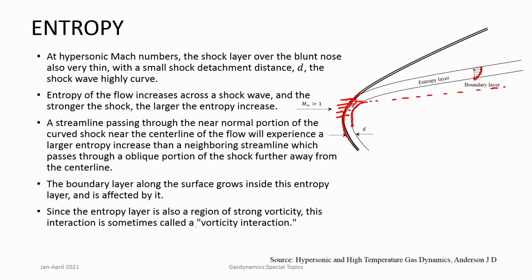But if you consider such blunt bodies, then you have a layer which comes from the curved shock, where there are entropy gradients, and as a consequence there is rotational flow, and this washes over the body actually, and therefore now it becomes difficult to say where is that rotational flow, where is the boundary layer, and so on, and doing this calculation becomes very difficult, and therefore this particular layer where there is significant entropy is known as the entropy layer.